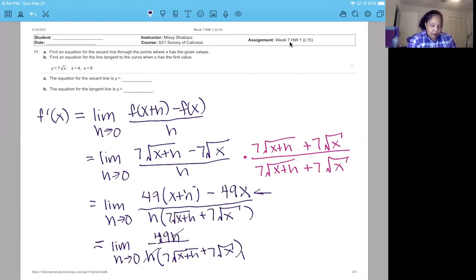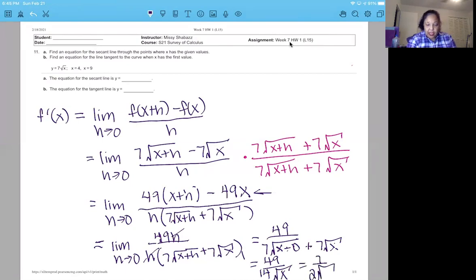The h's cancel, and now when I plug in 0, I get 49 over 7 square roots of x plus 7 square roots of x. This gives me 14 square roots of x. Let's cancel one of our 7s, and I get 7 over 2 square roots of x.